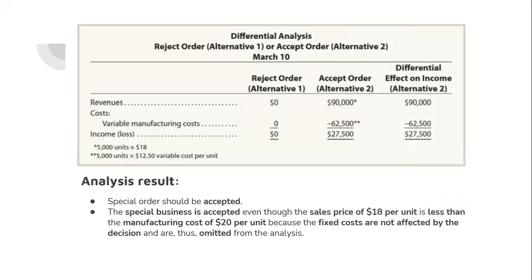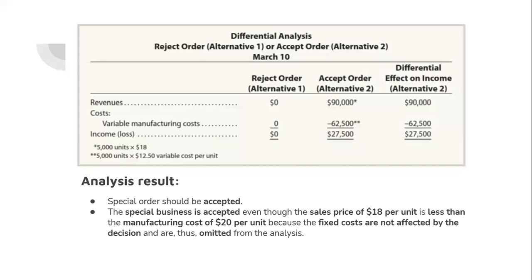As shown in the illustration, it has a differential effect on income of $27,500. By comparing alternative 1 and alternative 2, the special order should be accepted.